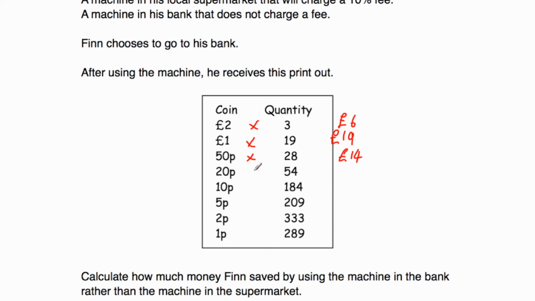He's got 54 20p's, so 54 multiplied by 0.2 is equal to £10.80. So that's £10.80 in 20p's.